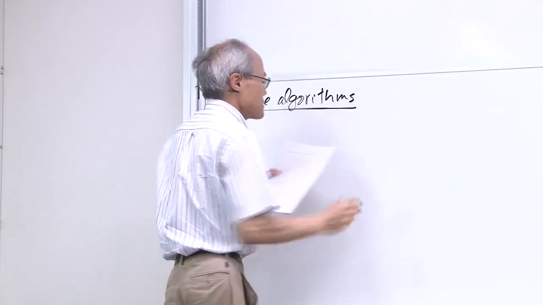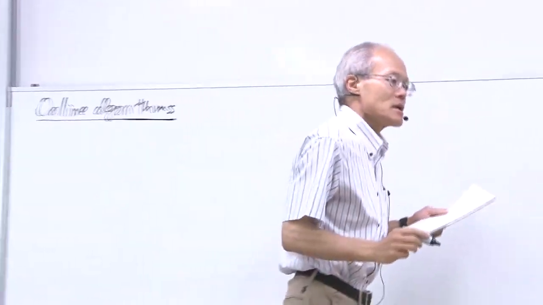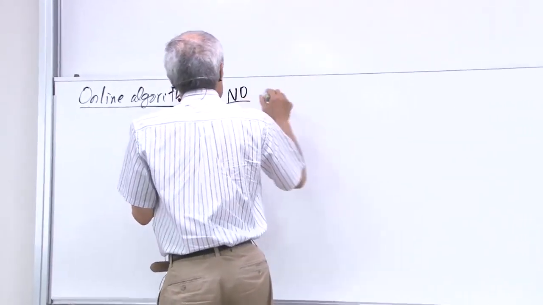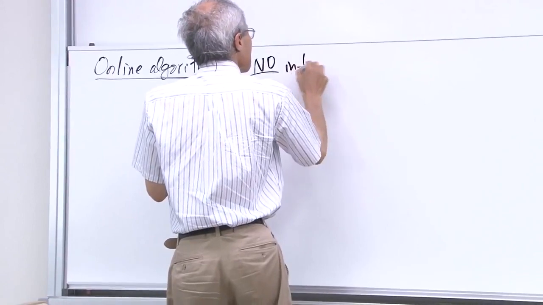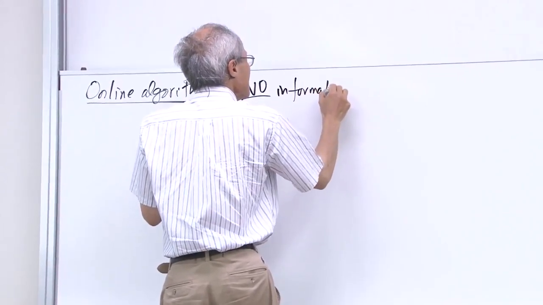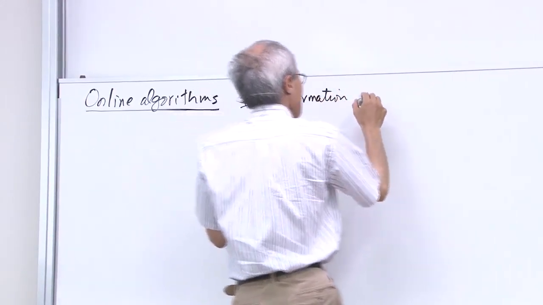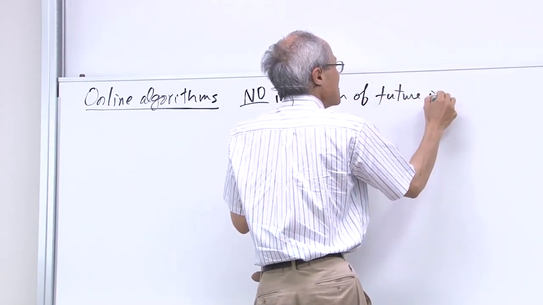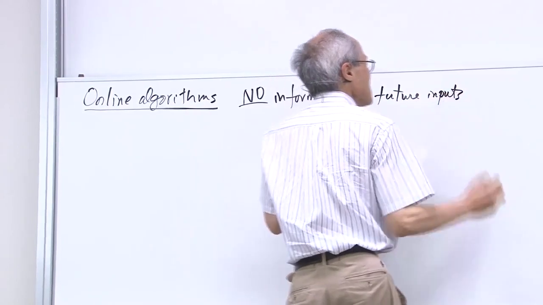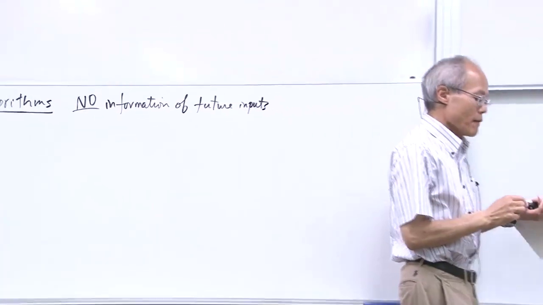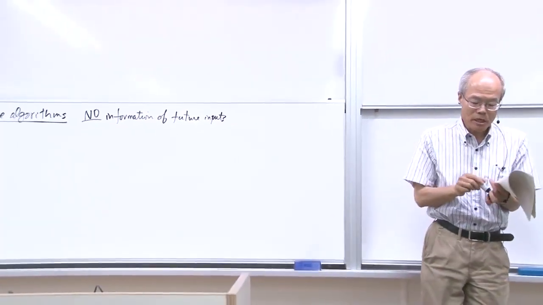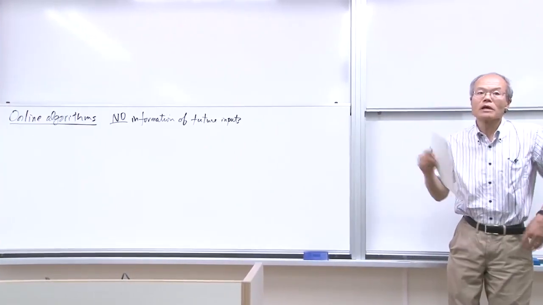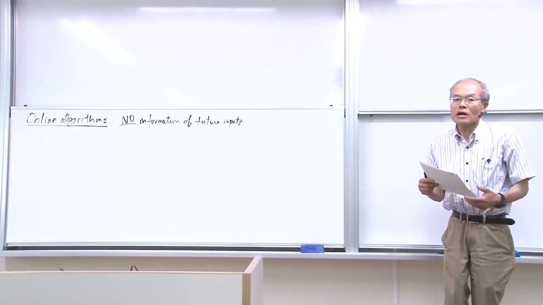Online algorithms. The idea is just simple. No information of future inputs, but still you have to make your decision right now about your action.